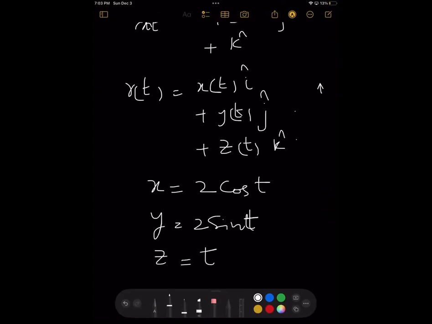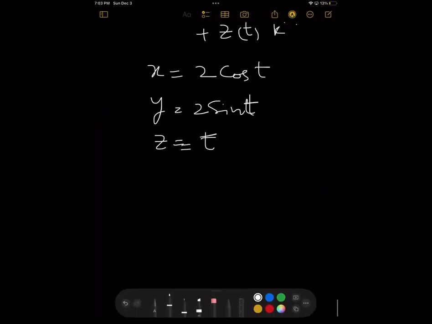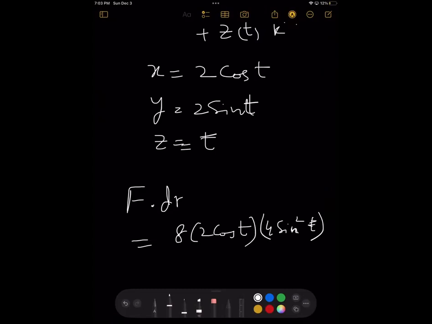So let's put these values into f, and f dot dr we have to find, this is our work. So f will become 8xy squared, so it is 8, 2 cos t, y squared is 4 sin squared t, and now it is i, with dt. You got the point?